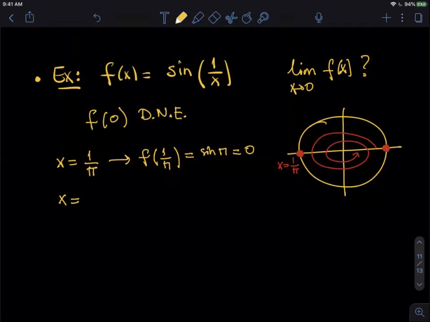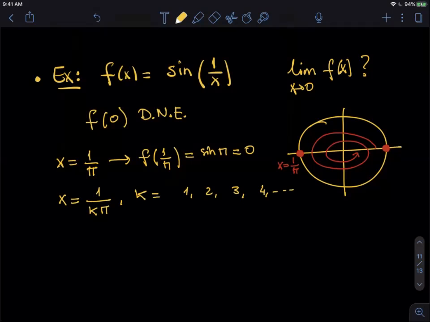So we can take k times pi. And this k could be, as we were saying, 1, 2, 3 times pi, 4 times pi, and so on.